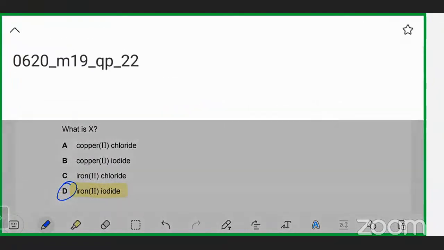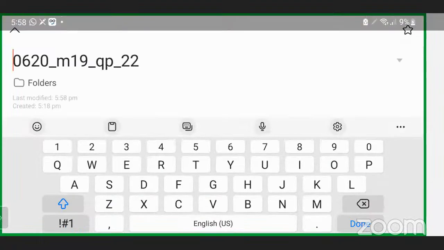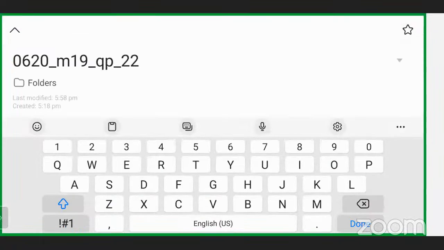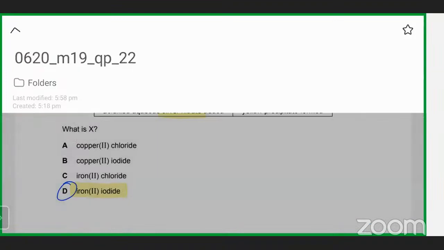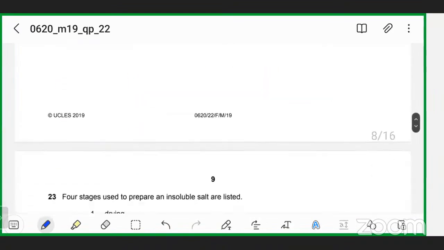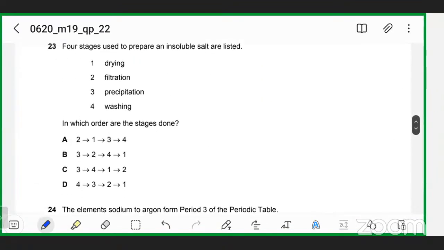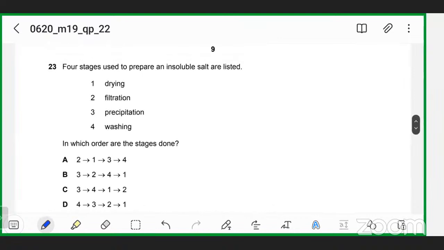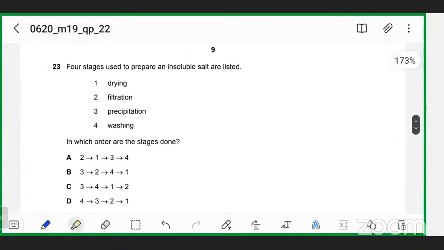अच्छा, अब अगला जो पार्ट है ना वो ये कि you're preparing an insoluble salt. Insoluble salt कौन से मेथड से प्रिपेयर होती है? Any insoluble salt. How do you prepare that?